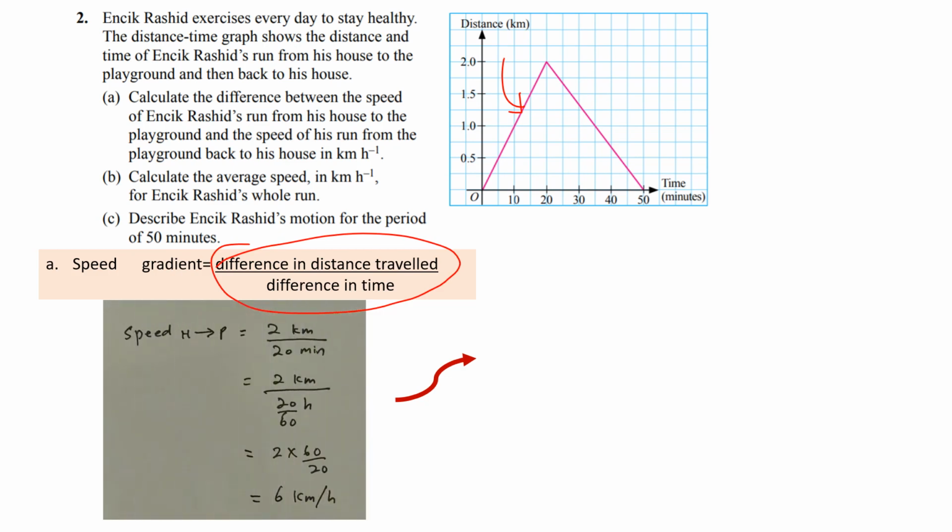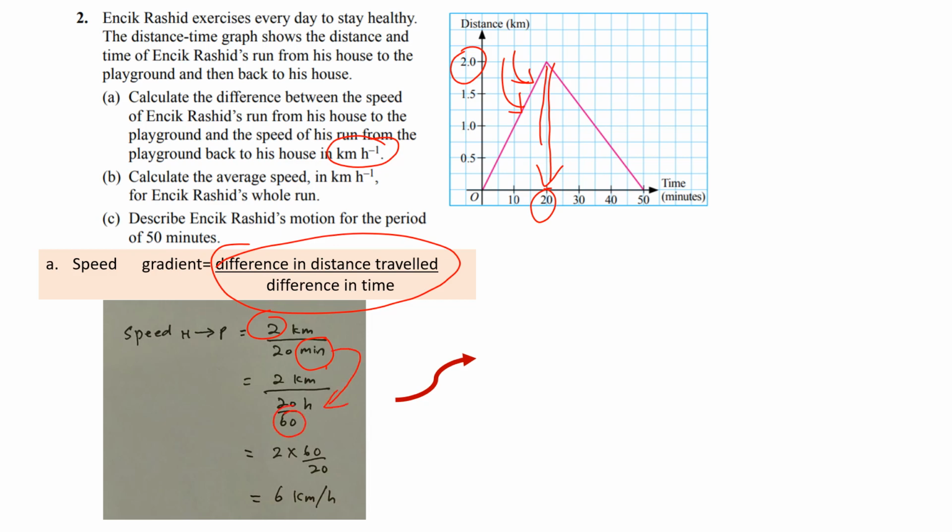So the distance is 2 kilometers for this graph, and the time is 20 minutes. But because your answer must be in kilometers per hour, you have to change your minutes into hours.